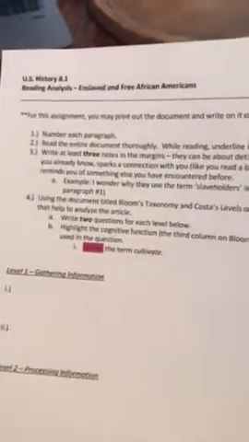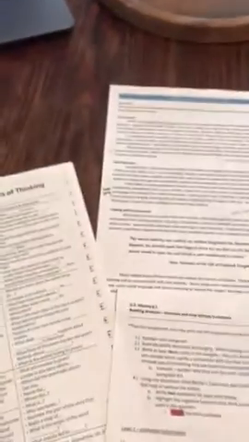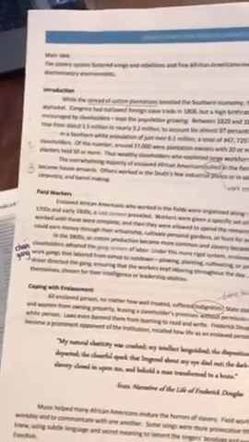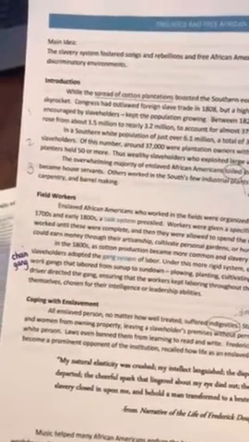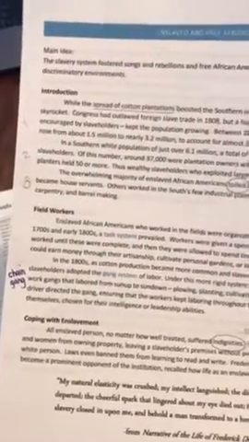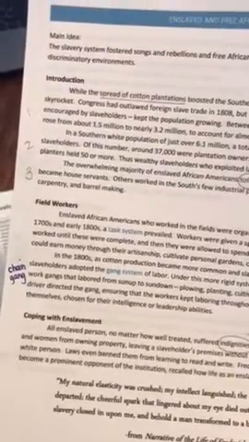So, the first direction says number each paragraph. So, we go to our reading, Enslaved and Free African Americans, and in the margins, we literally write a number 1 next to the first paragraph, a number 2 next to the second, and so on and so forth.